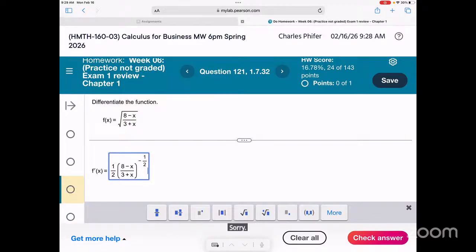Okay. So the bottom is 3 plus x. The derivative of the top is -1. We'll just go ahead and change it. So it's going to be a negative.